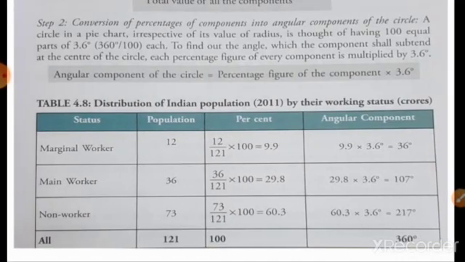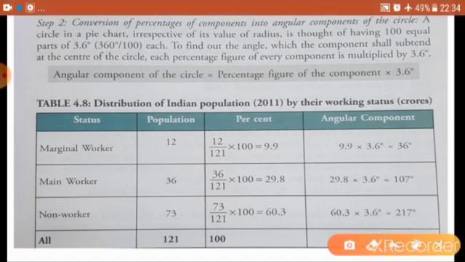This tabular column shows the distribution of Indian population in 2011 by working status, given in crores. You can see here the marginal worker is 12, the main worker is 36 and the non-worker is 73. When we add these, we get 121. So how are we going to convert this into percentage?